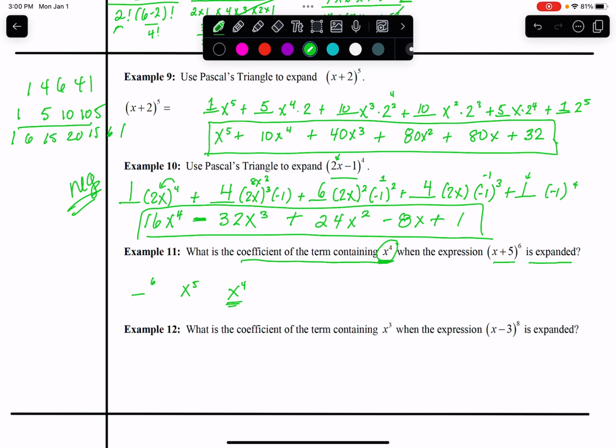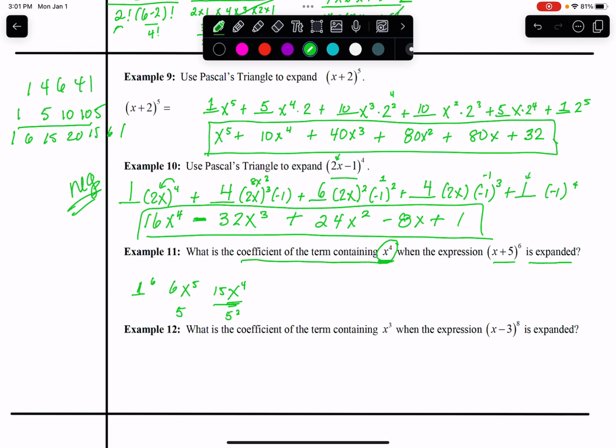Okay, and so then you have to remember that it is... okay. So let's see. We have 1, 6, 15, x to the 4th, and then our b is 5, so this would have been 5 and this would have been 5 squared.